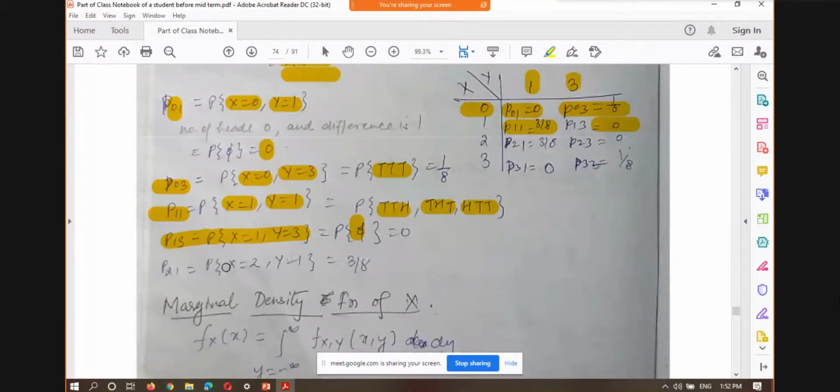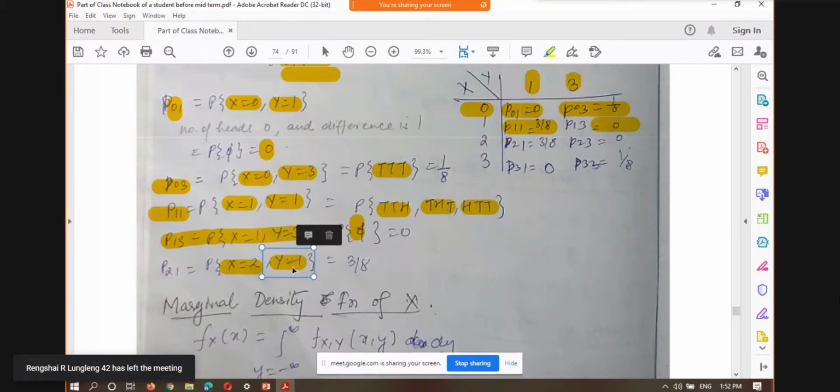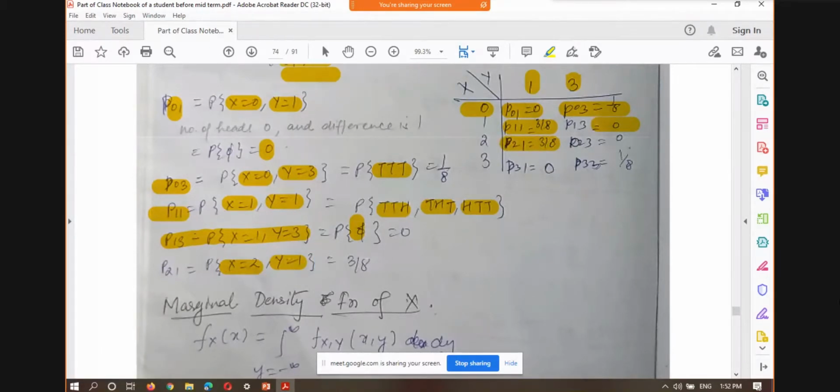Then the number of heads 2 and absolute difference 1. HHT, THH and HTH are the three events in which the number of heads is 2 and the absolute difference is 1, so the probability is 3 by 8. Then P23 is the event in which the number of heads is 2 and the absolute difference is 3, but this is not available in any event, so it is 0.